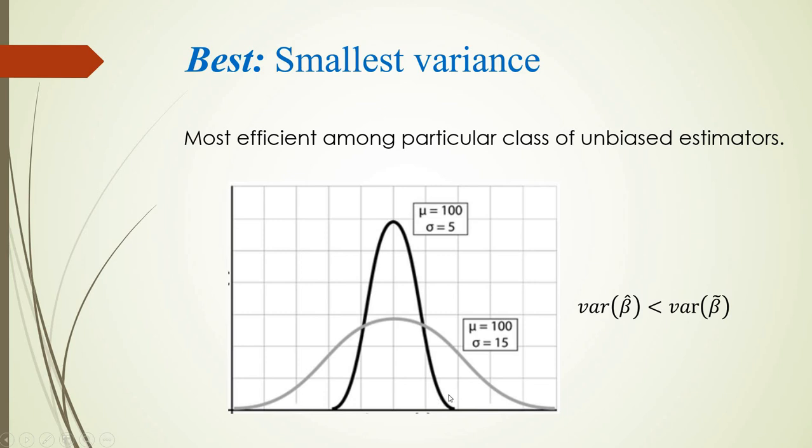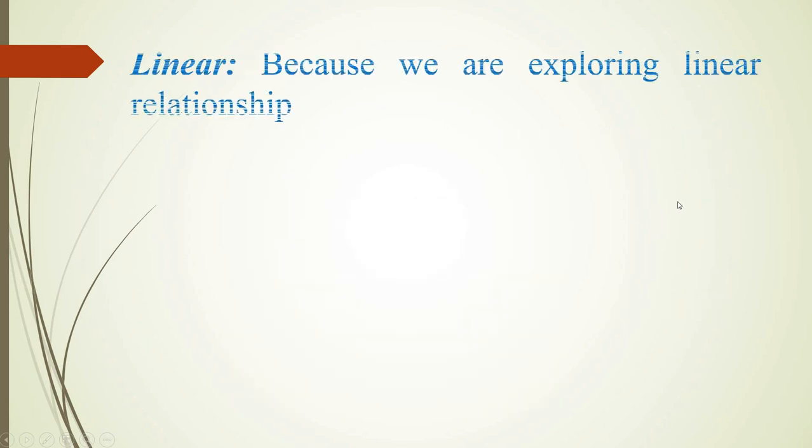So obviously, on the basis of this graph, the smaller variance is for beta hat, and this method is better. This is why we are using OLS, because it gives us the smallest variance of our beta estimator.